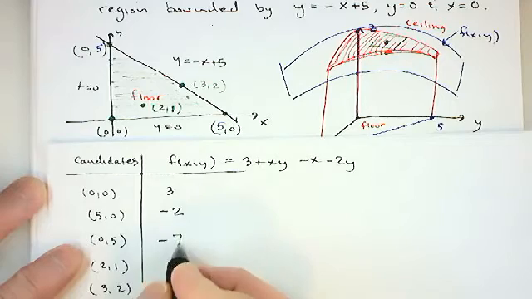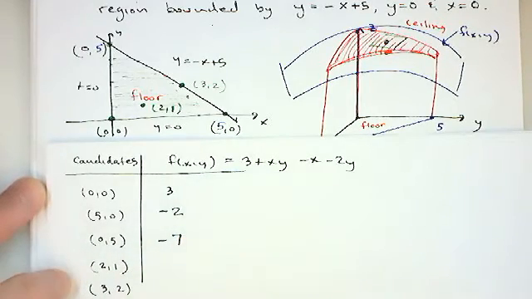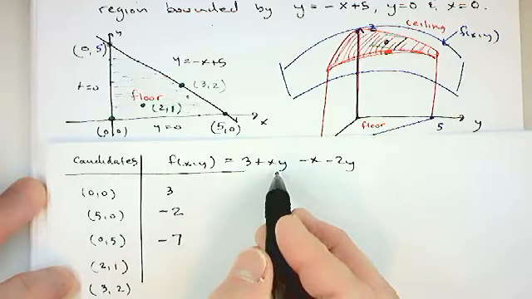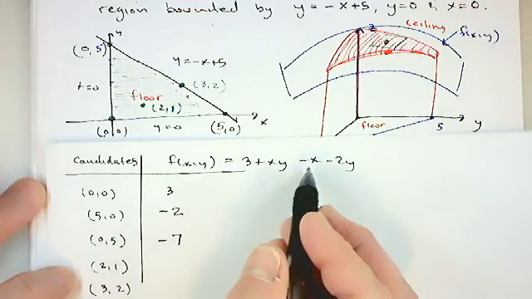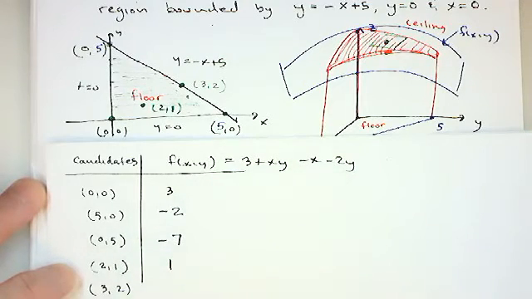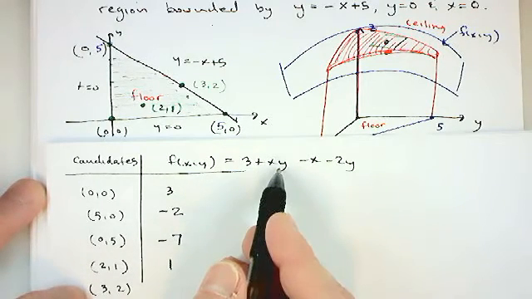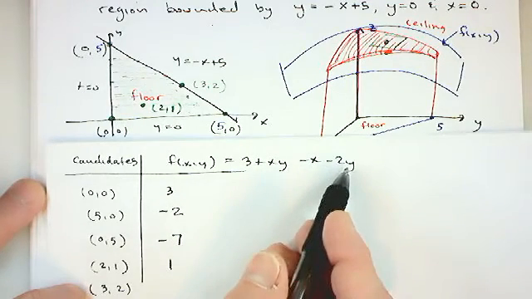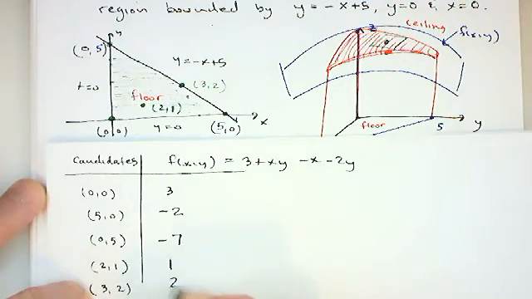Negative 7, I think. 3 plus 2 is 5. Plus 2 is back to 3. I think this is positive 1. 3 plus 6 is 9. 9 minus 3 is back to 6. 6 minus 4 is back to 2.